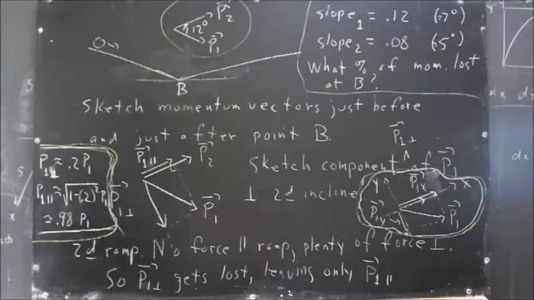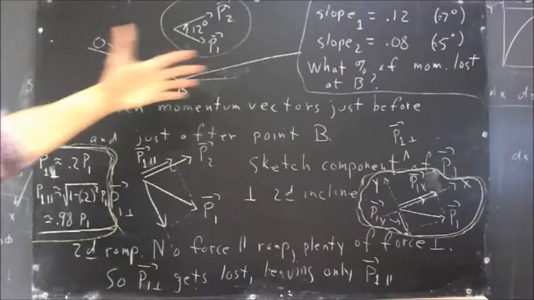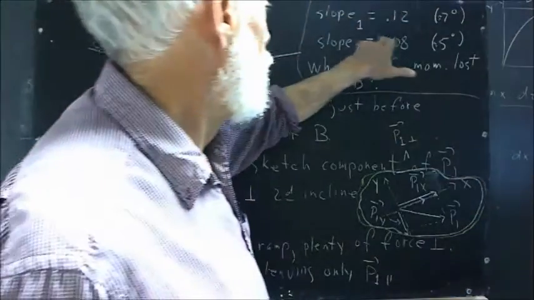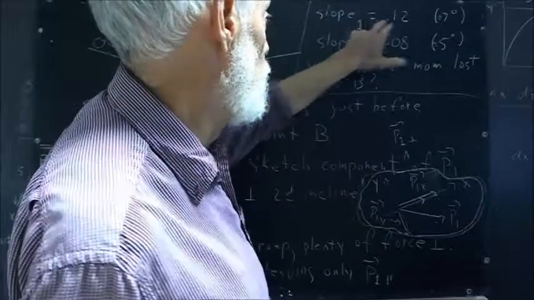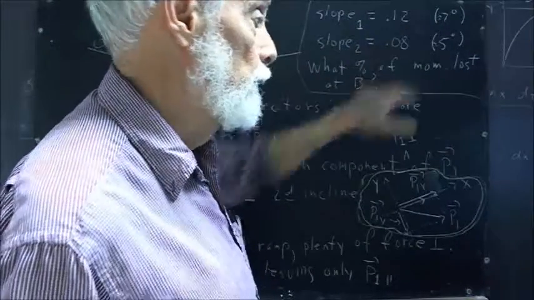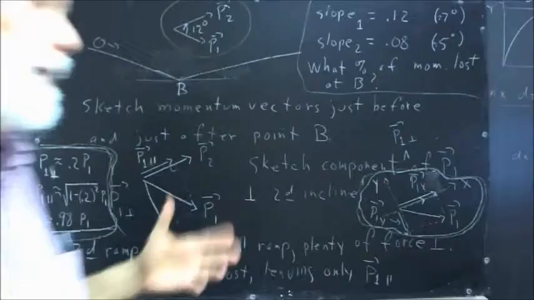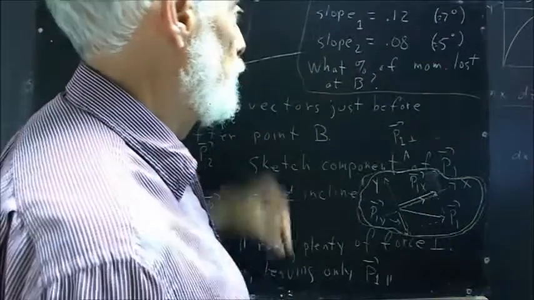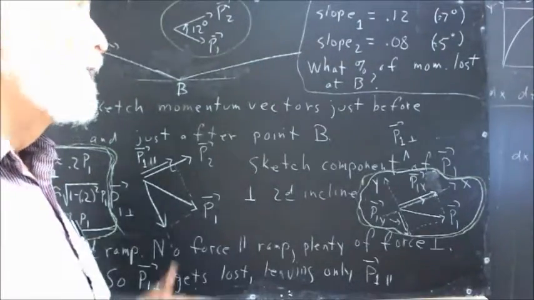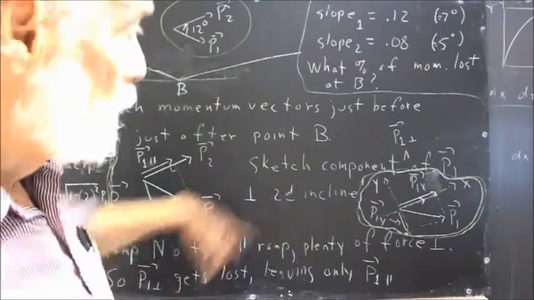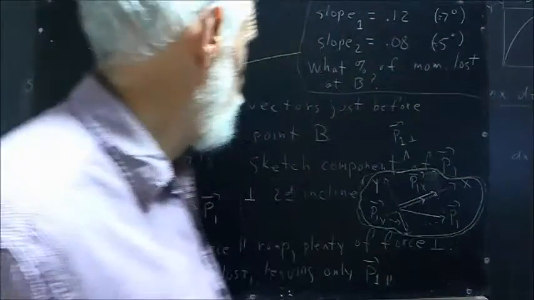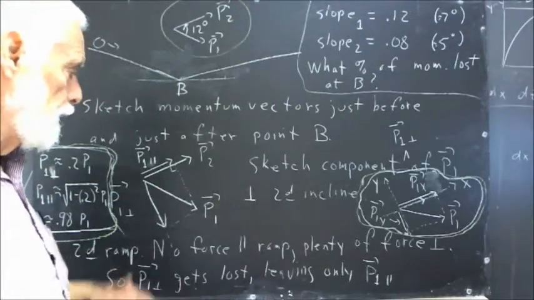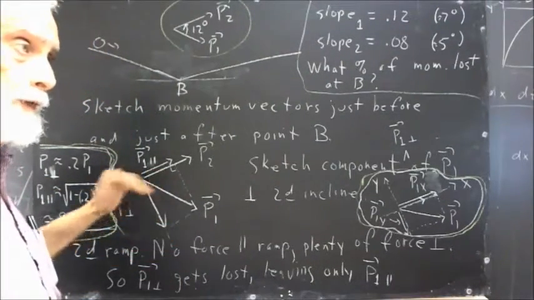So let's do this for some specific slopes. Slope 1 is 0.12, slope 2 is 0.08. Now, in a minute, I'll do another video where we analyze this from the point of view of the slopes, but your natural reflex is you're going to want the degrees, because you can use the degrees to quickly calculate the components of P1.